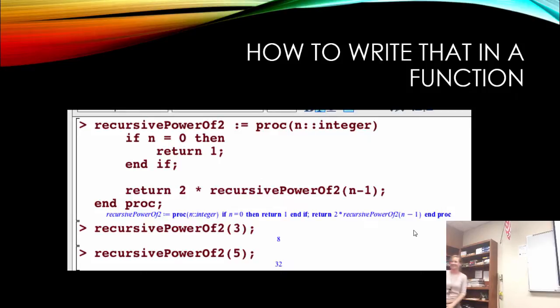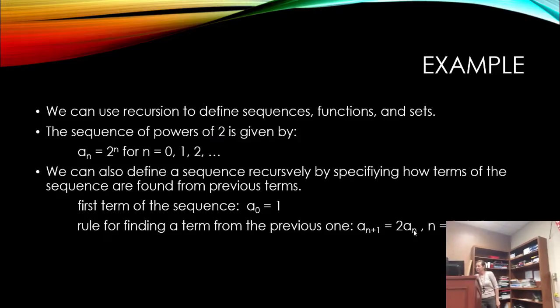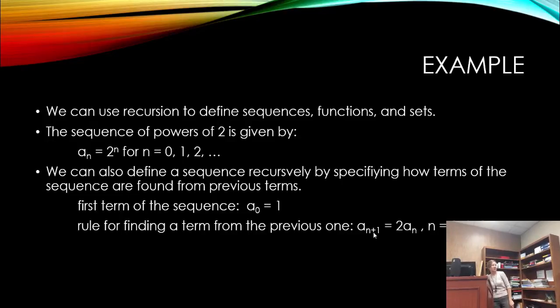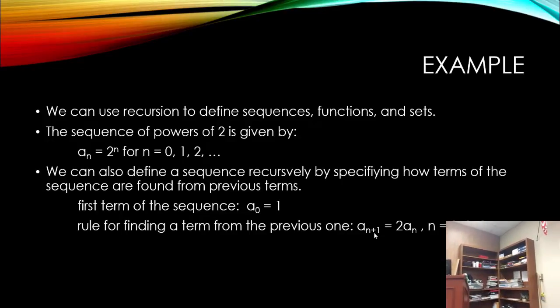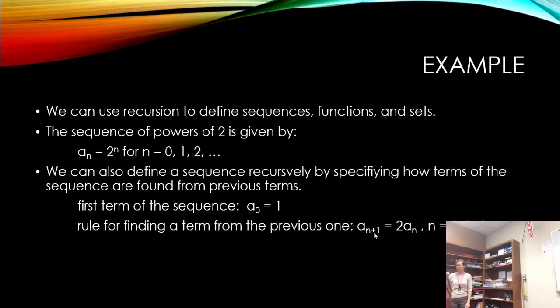Does that make sense to you guys, or do I have to explain that right now? So this is n plus 1. What if we replace this with just n? Then this would be 2 times a sub n minus 1.